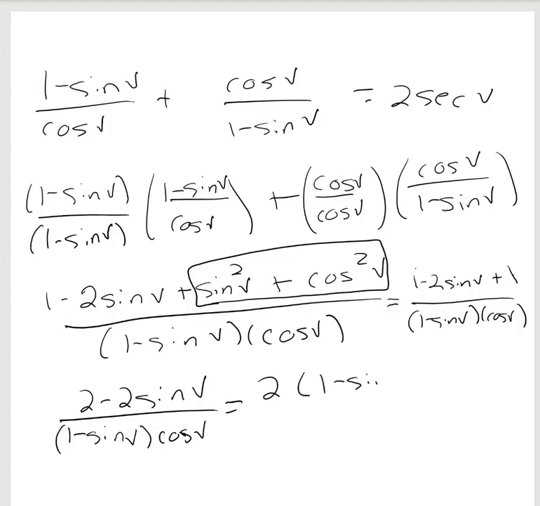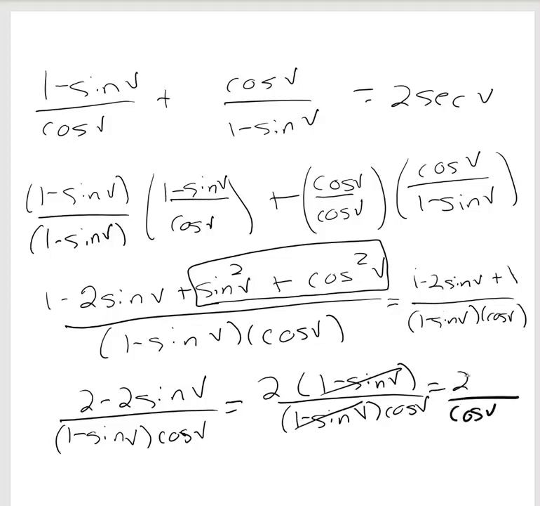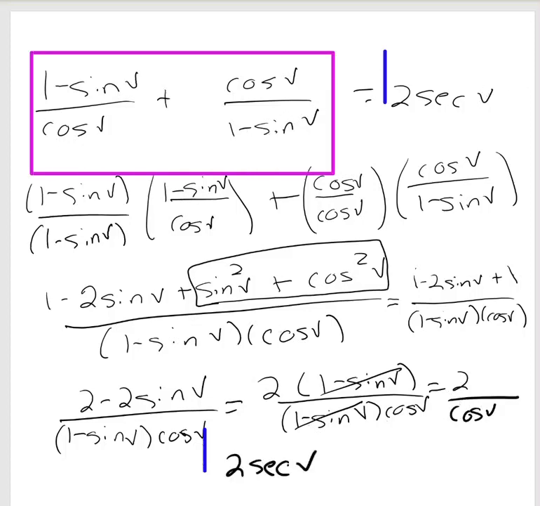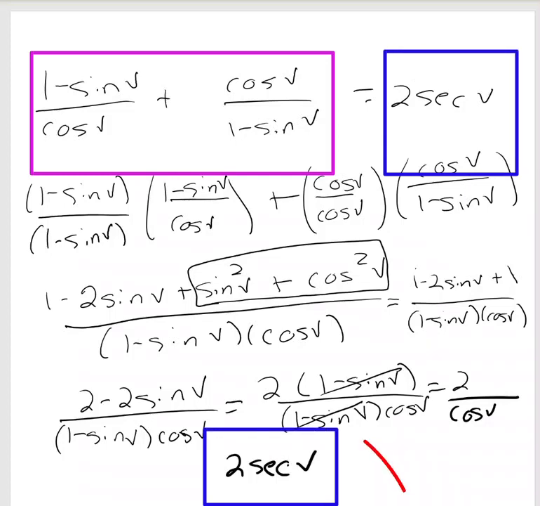I have 2 times (1 minus sine v) over (1 minus sine v) cosine v. Really good, 1 minus sine v, 1 minus sine v, so we're at that point where that can cancel. I have 2 over cosine v. Well, 2 over cosine, that's just secant, so I have 2 secant v. So we started on the left, and we ended up with what we had on the right. That means we showed that the identity is true.